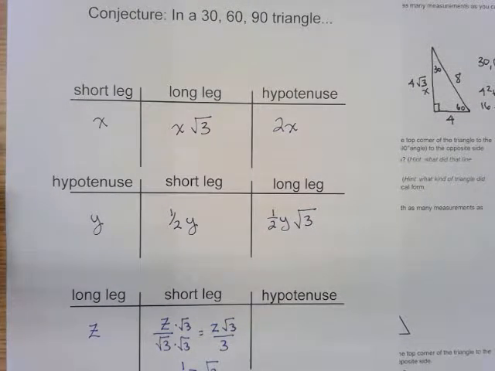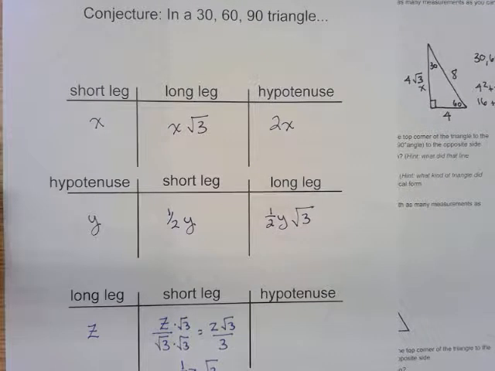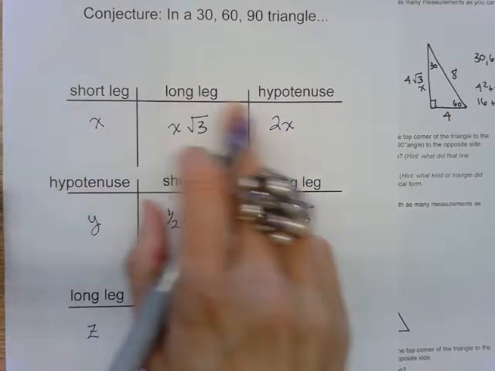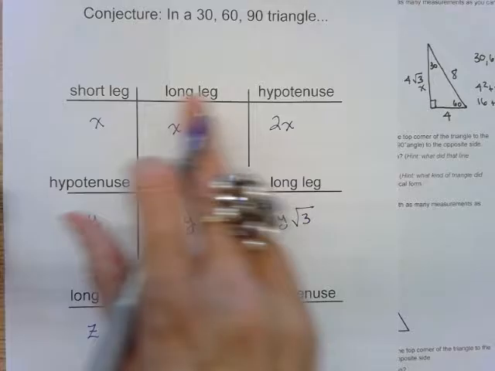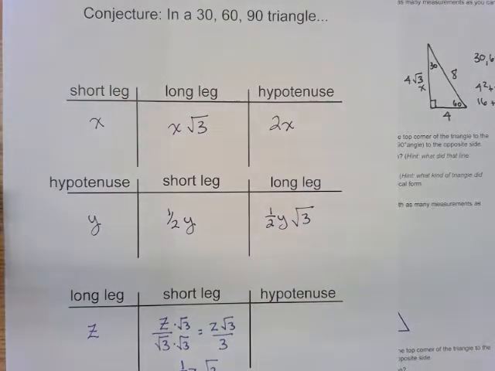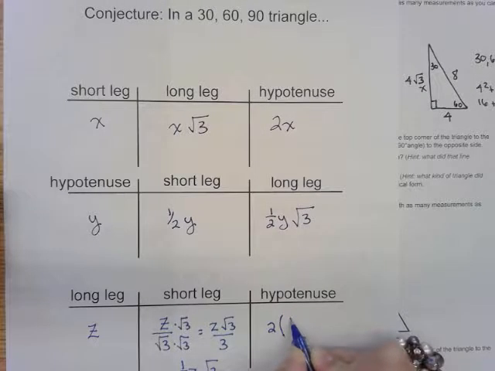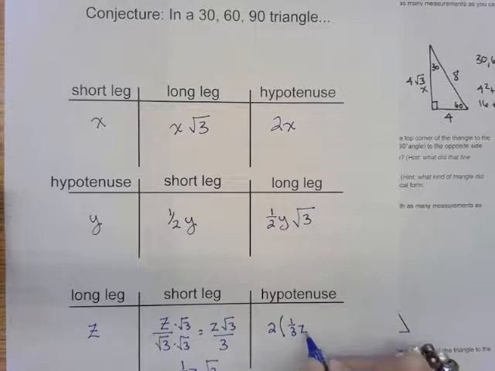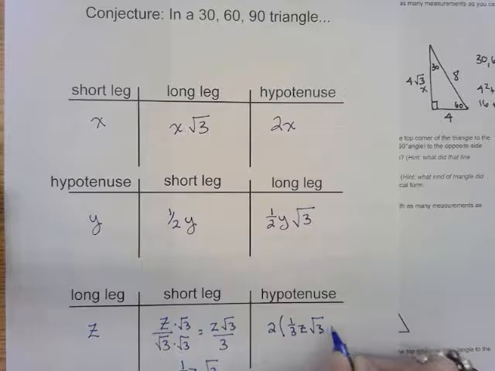And now, as long as we know the short leg, we know the hypotenuse. We can go back up here. The hypotenuse is twice the short leg, so it's going to be 2 times 1/3 Z root 3. And what is 2 times 1/3 Z root 3?